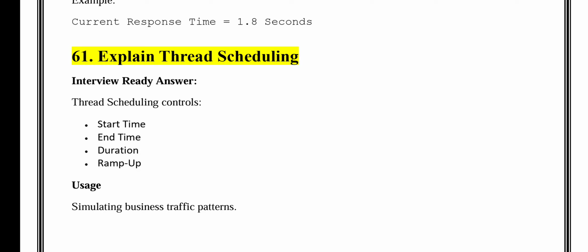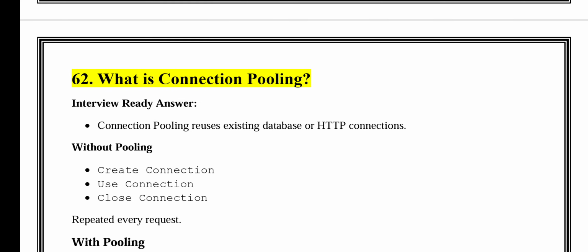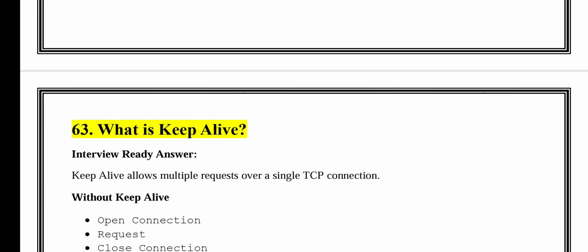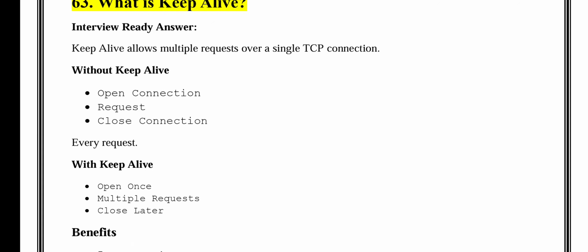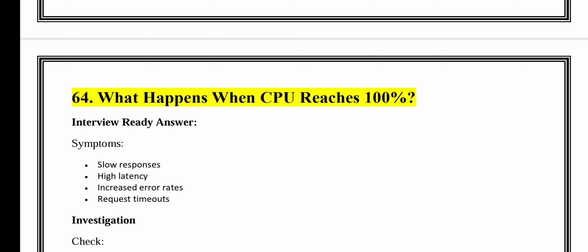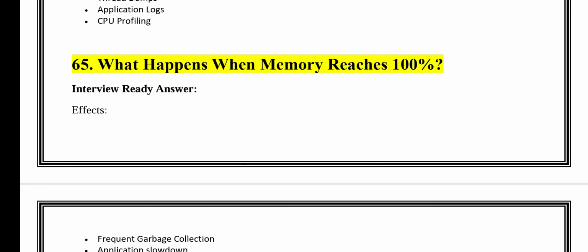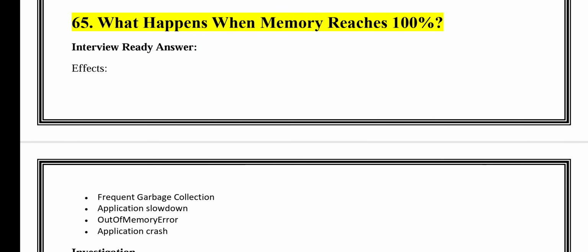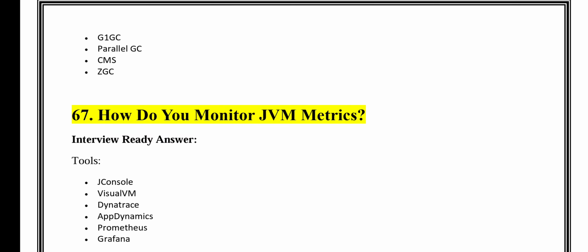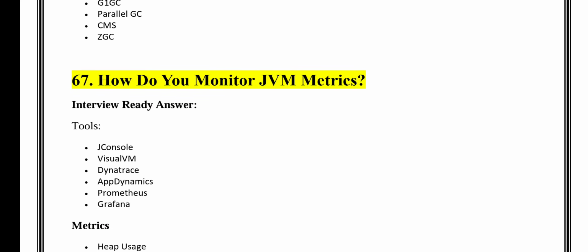The next question is about thread scheduling. What is connection pooling? And what is keep alive? What happens when CPU reaches 100%? What happens when memory reaches 100%? What is garbage collection? How do you monitor JVM metrics?